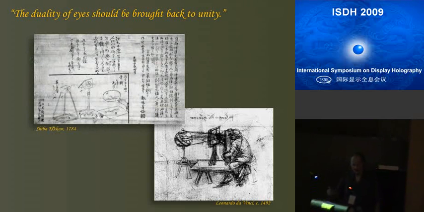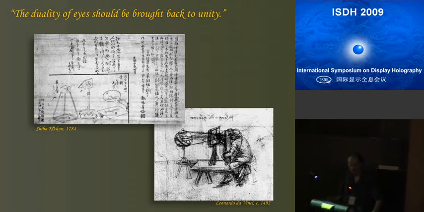It was simply a lens and a mirror. They would put the perspective drawing on the table and look at it from one single point of view using this lens. This is a page of a treatise on optics by Kokan in 1784 in Japan. So for several centuries, perspective was supposed to be viewed with a viewer.